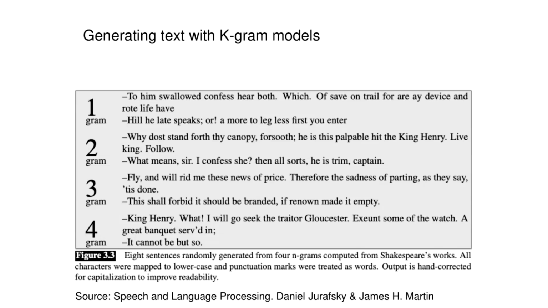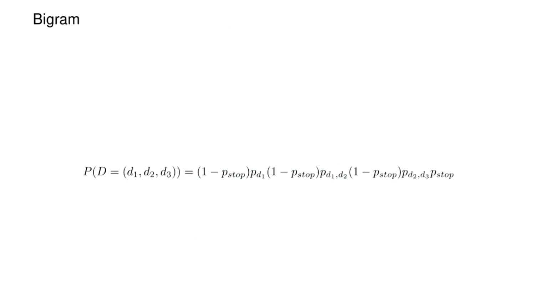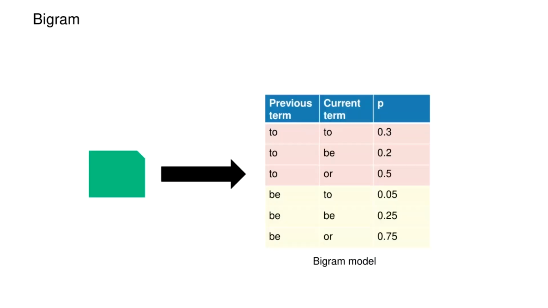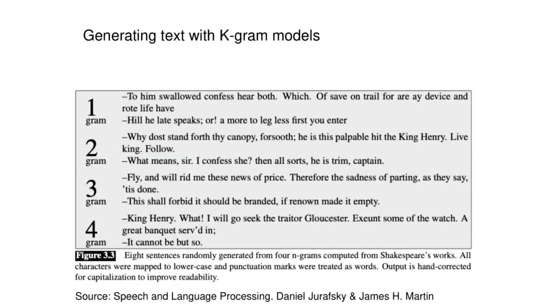If you build this probability table right here based on the frequencies in your documents, and you do it with Shakespeare, you come out with: "why does stand forth like canopy forsooth, he's this papal hit the King Henry, leave king follow, what means sir I confess sheed, and all sorts he is stream captain." Now you see it still doesn't mean much, but you see a connection between the words. You still have the feeling that a word follows another word in a more logical way.